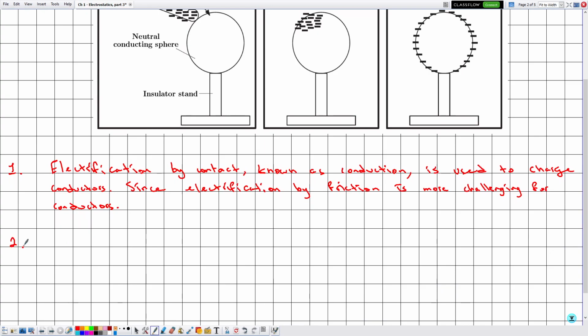Now statement number 2, we're going to say that a negatively charged ebonite rod is brought in contact with the neutral conducting sphere.